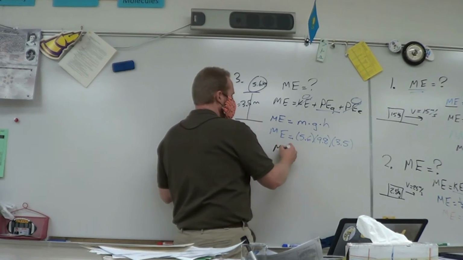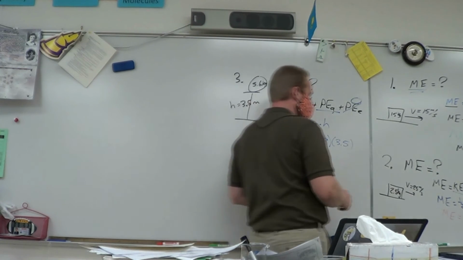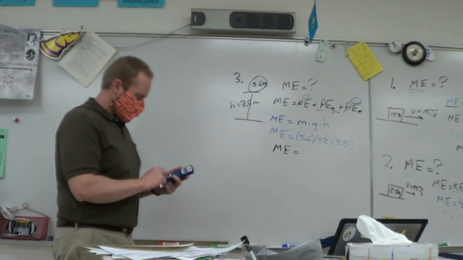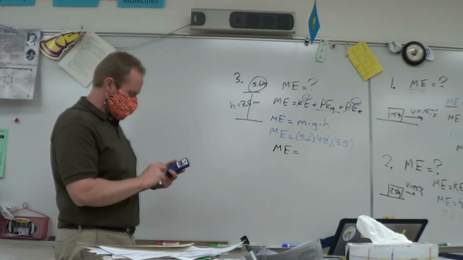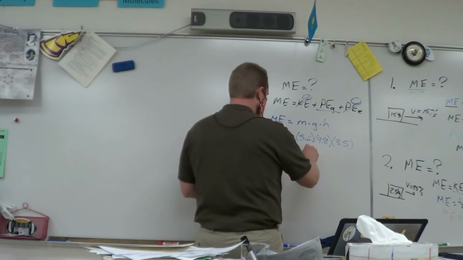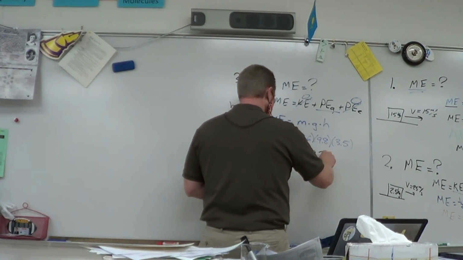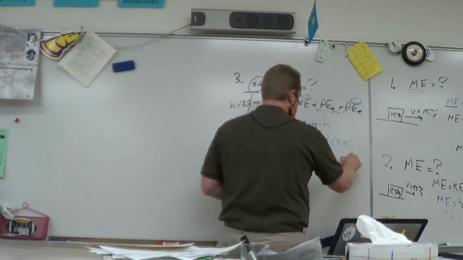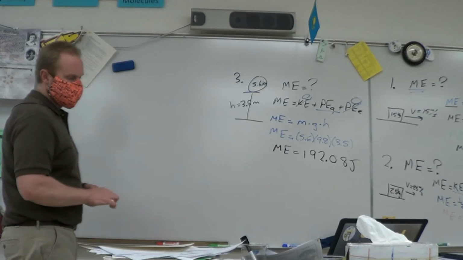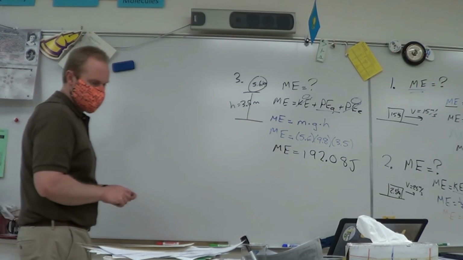Our mechanical energy, the sum of all of our energies, is by definition mechanical energy. 5.6 times 9.8 times 3.5 is 192.08 joules. Why don't you try number 4?